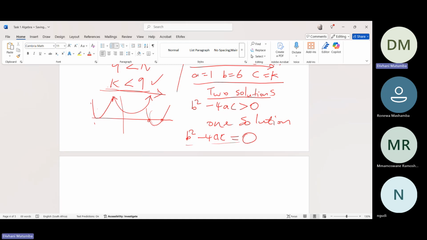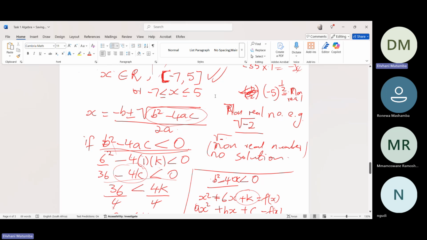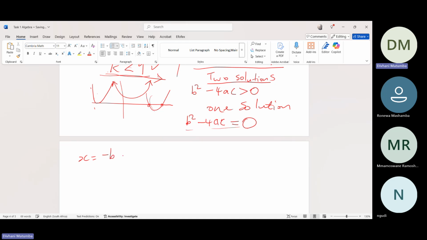So if it's equal to 0, as you can see from the quadratic equation, x equals minus b plus or minus the square root of b squared minus 4ac all over 2a.